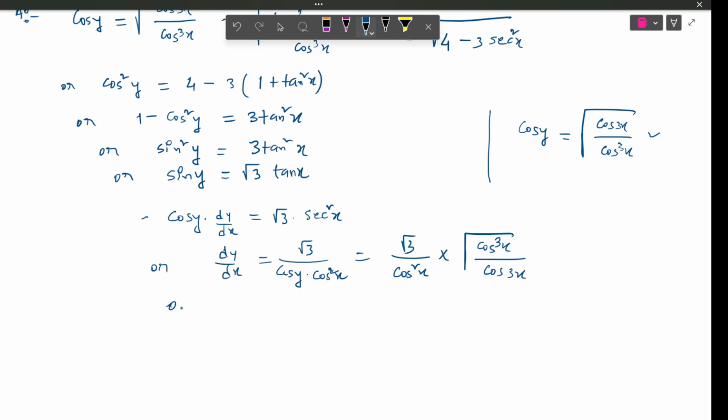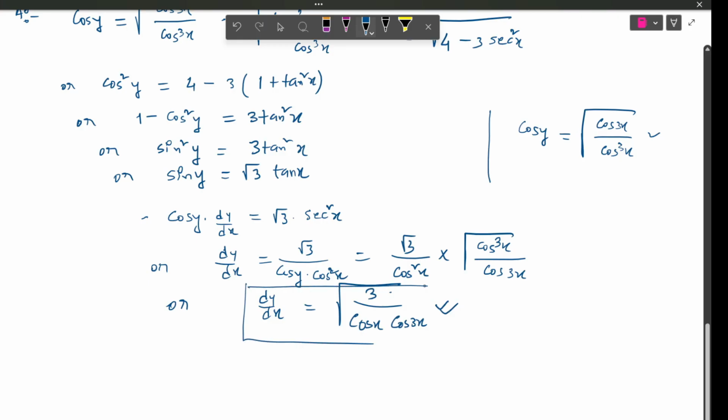So our next step would be dy by dx equals to square root of 3 divided by taking the cos square x term into the square root. So it would be cos x, and 1 cos x will cancel out. So here we'll have square root term, so it would be cos to the power 4 x. So cos cube x and cos cube x will cancel out, and here we will remain with 1 cos x and cos 3x. This thing we have to do.